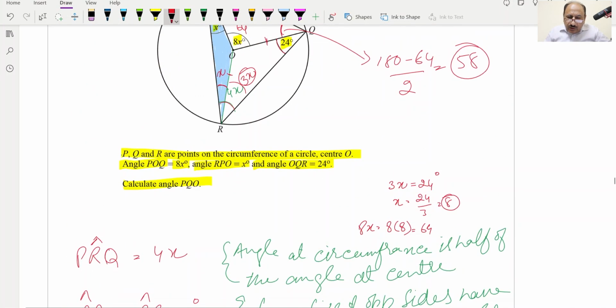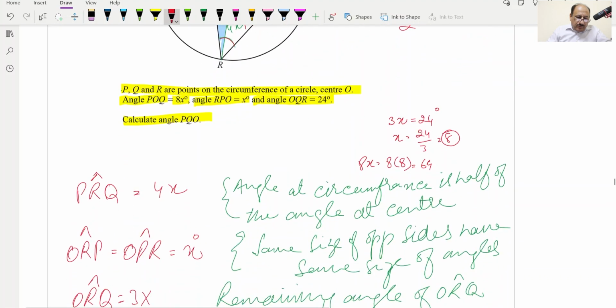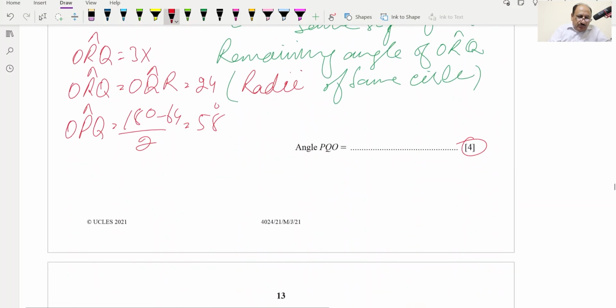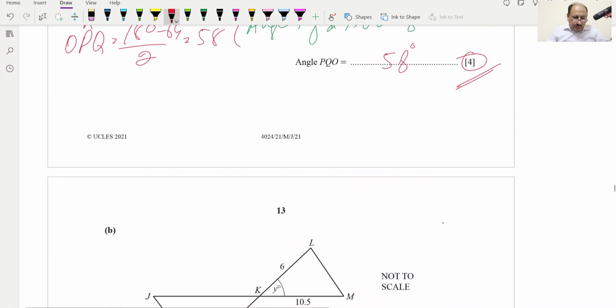This is what we have done over here, on the basis of sum of angles of a triangle add up to 180 degrees. So this will be your solution, and you can write 58 degrees. This is a 4-mark question which we are done.